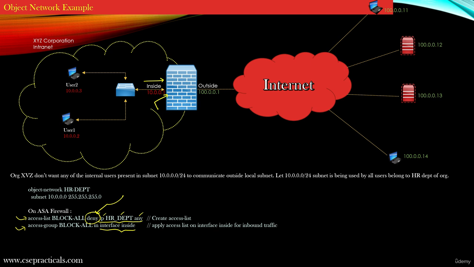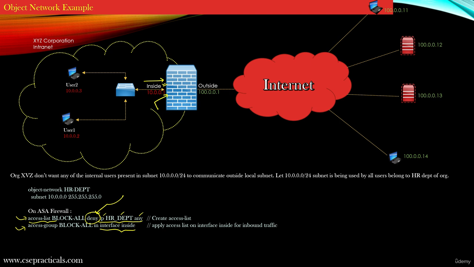All right. So it simply means that any packet whose source address belongs to this HR department, when it tries to exit out of this ASA firewall on its inside interface, would be dropped by this access list. As simple as that.